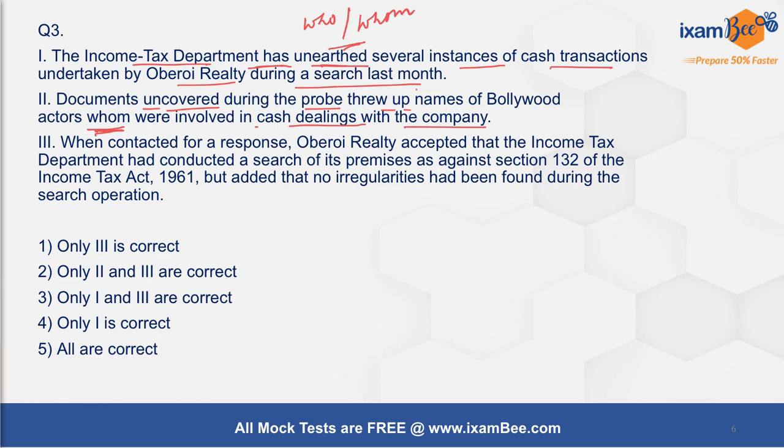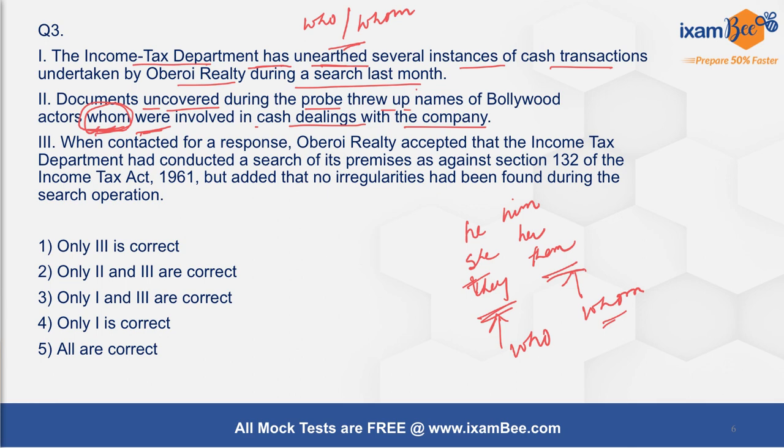There is one very easy rule: try to replace it by he or him if a single person is there, she or her, or if it is plural, then they or them, right? So here it is "were", that means we need to see whether this whom we can replace by they or them. If it is replaced by they, then it should be who. If it can be replaced by them, it should be whom. This is the easiest thumb rule, and 99% you will get your answer correct with this rule.